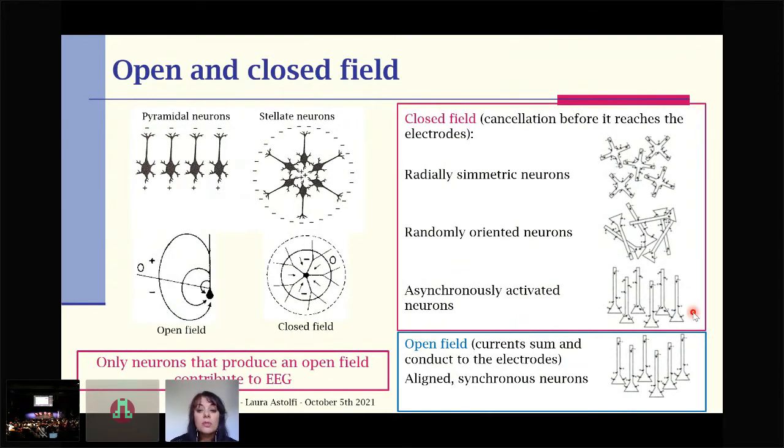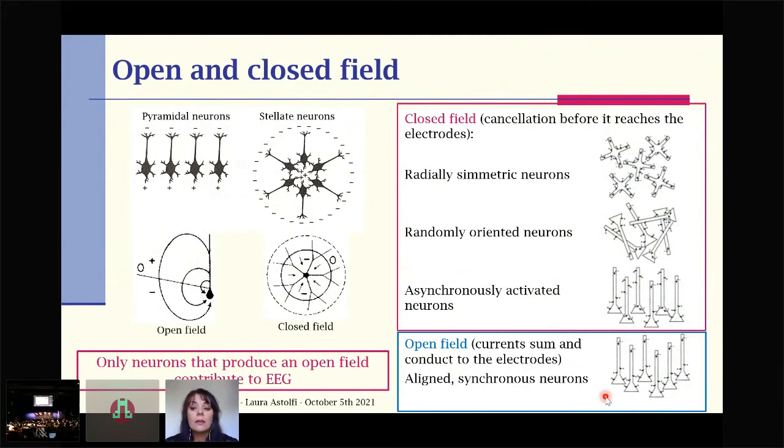So what produces an open field is the summed effect of the synchronous activity of many neurons, which is met especially in the cortex, but also as the resulting activity of many neurons in other structures of the brain. And when this happens, then these regions contribute to the EEG, and so we may be able to trace back this activity.